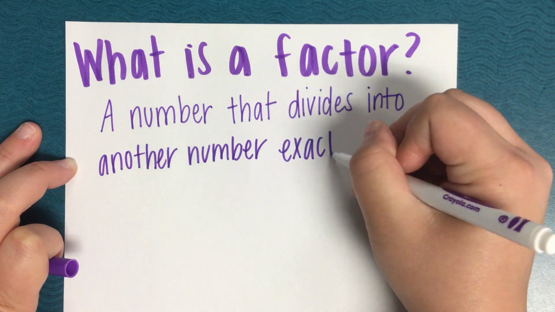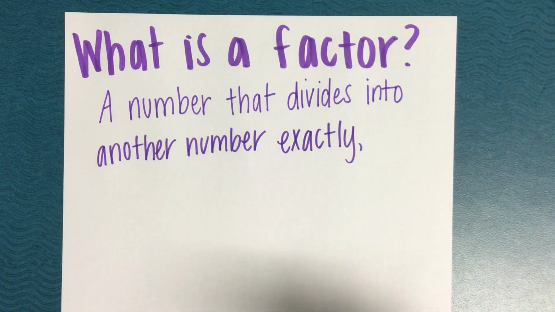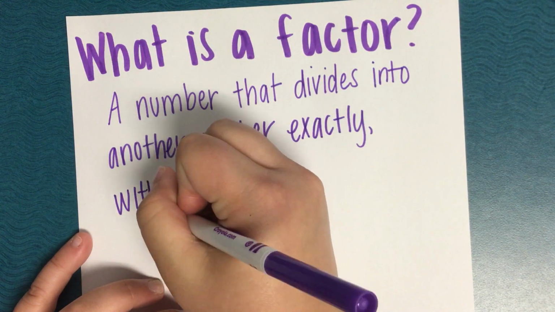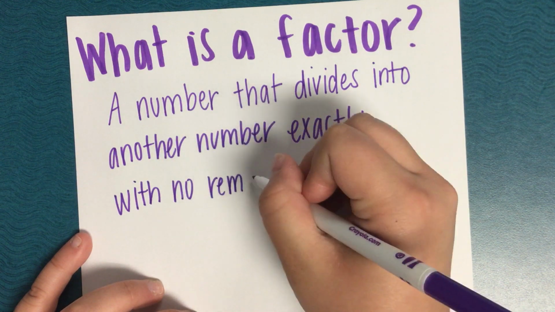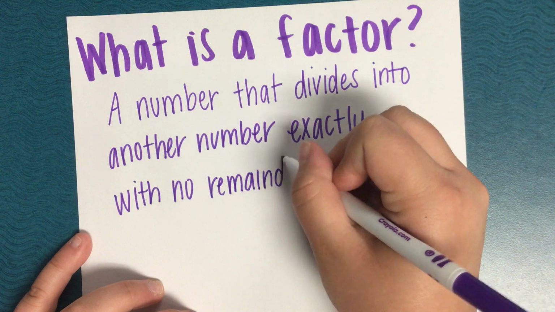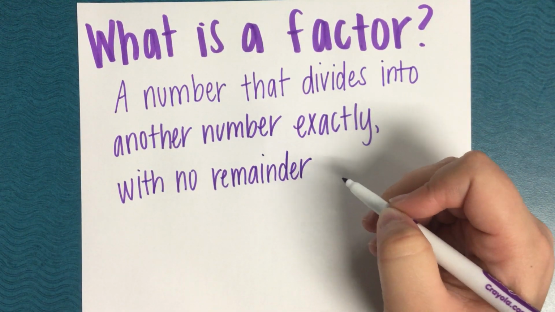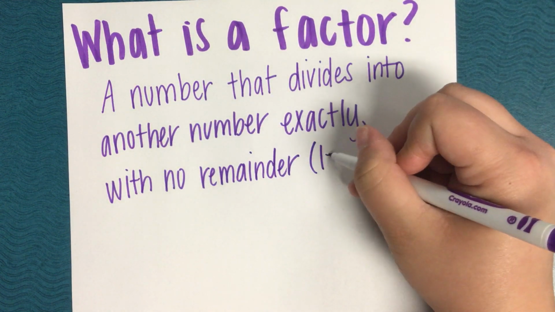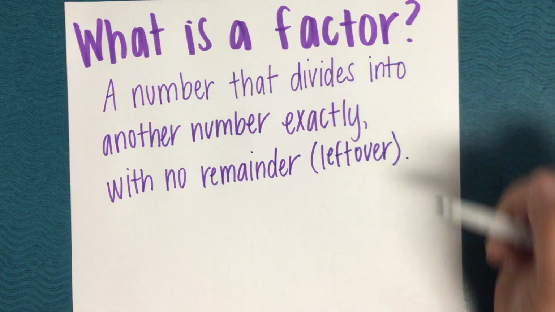That means it has to divide into that number exactly, and there can be no remainder. Another way to remember remainder is that there can be none left over. So after the dividing, there can be none left over. There's no remainder.